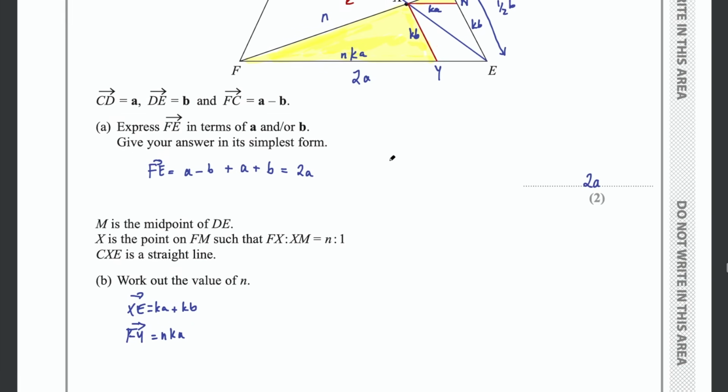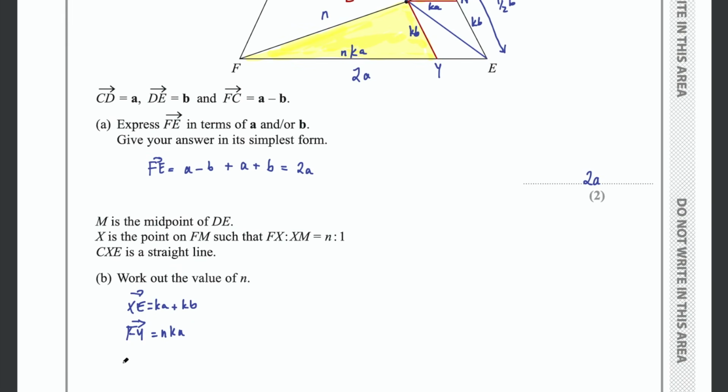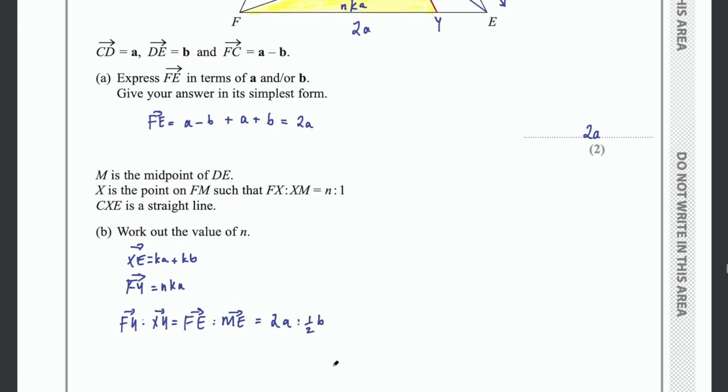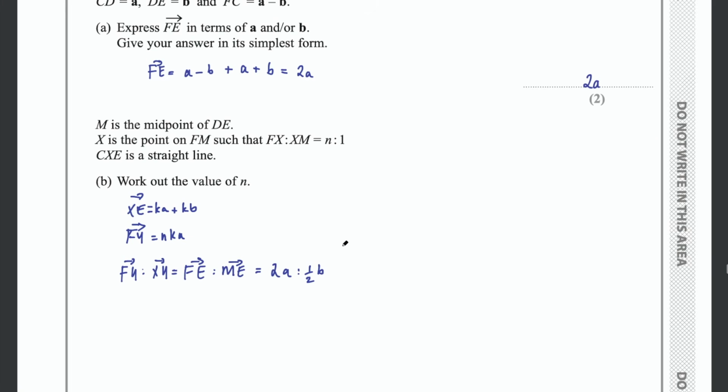So what I'm saying here is that FY, the vector FY to XY, needs to be in the same ratio as FE to ME. And I know FE to ME is 2A to a half B. And I could write that even simpler using equivalent ratios. I could say this is 4A to B.